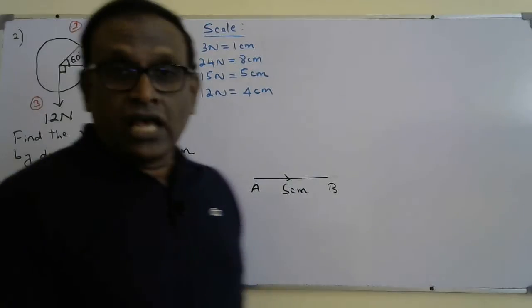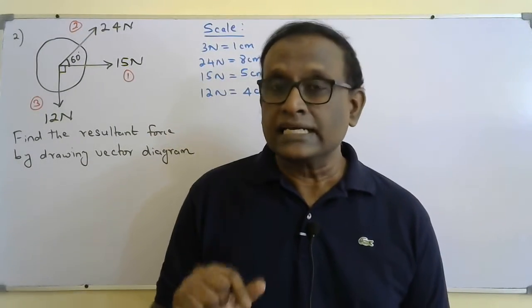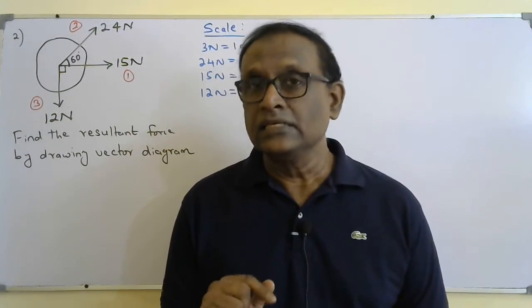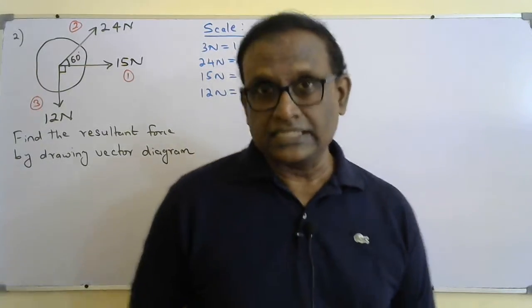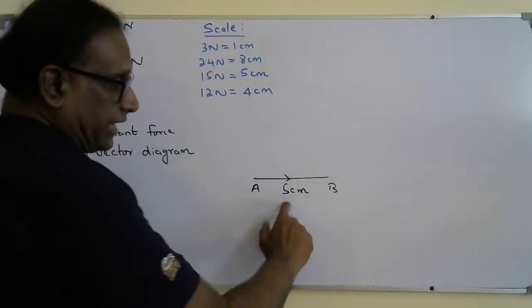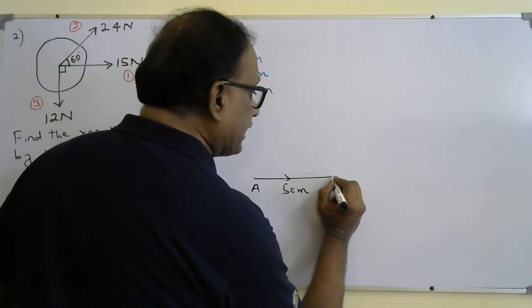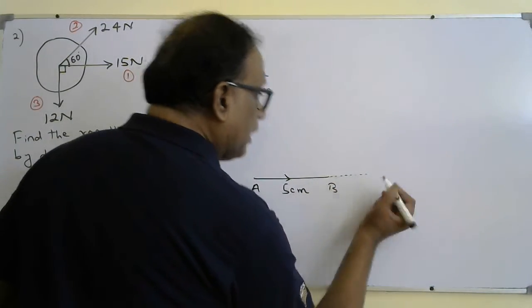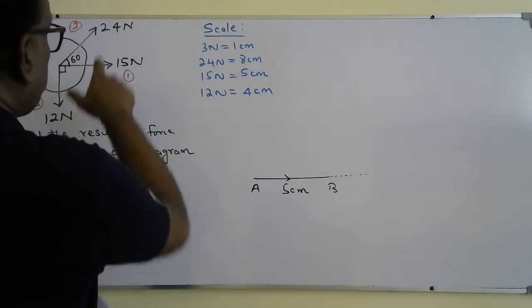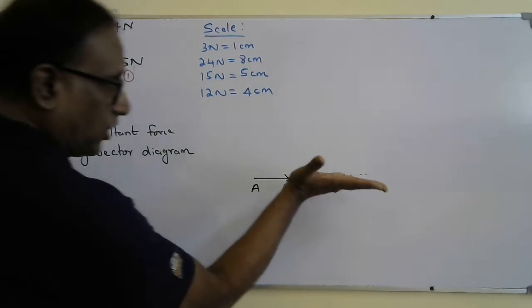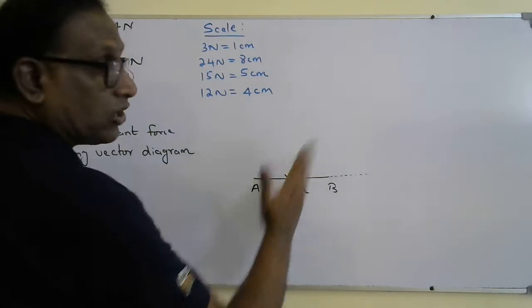The rule says I should draw the second vector from the end of the first vector. So B is the end of the first vector, that is 15 Newton. So from B I should draw the 24 Newton at anti-clockwise direction to an angle of 60 degrees.